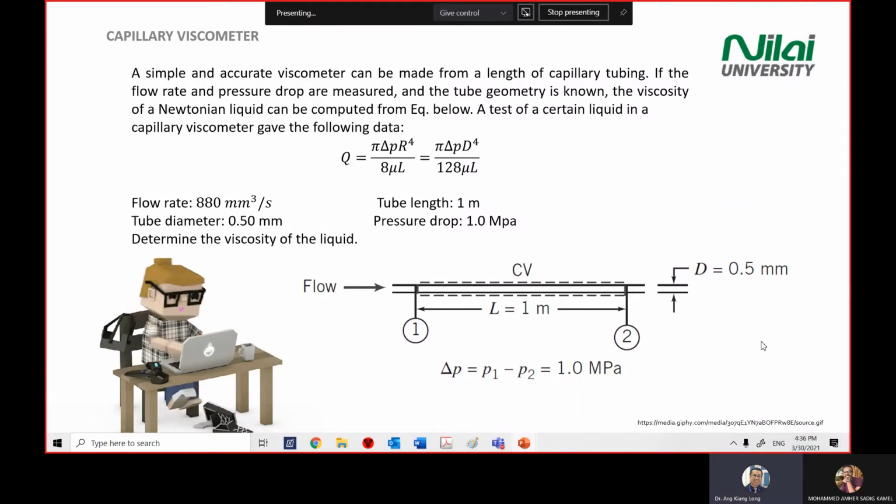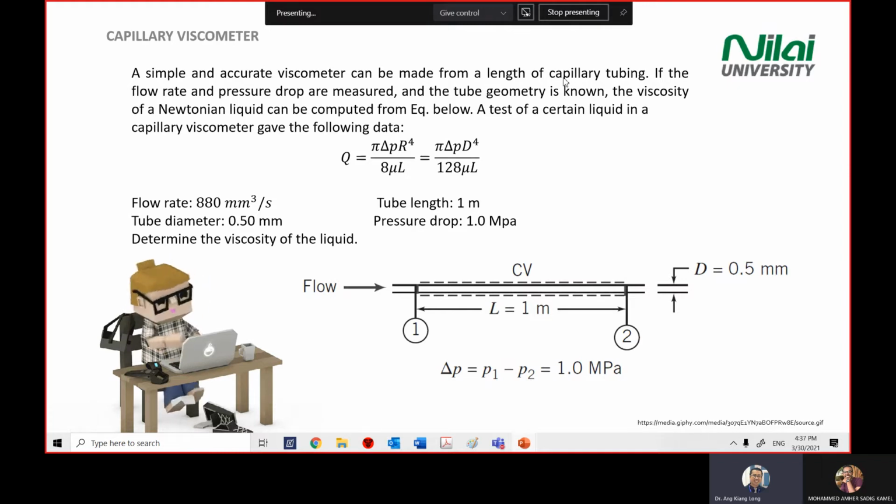This slide is inside your handout and also inside your tutorial question. We have a simple and accurate viscometer made of a length of capillary tubing.